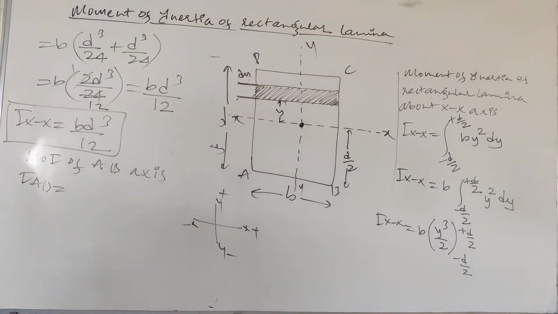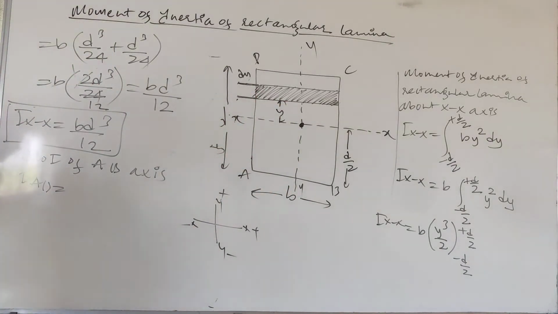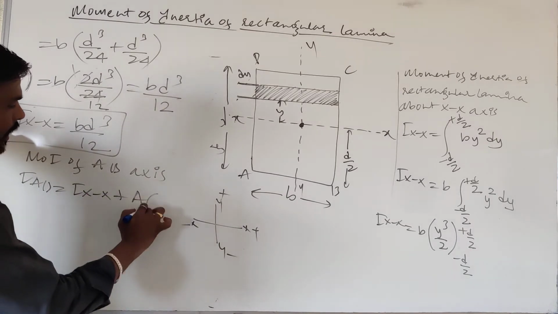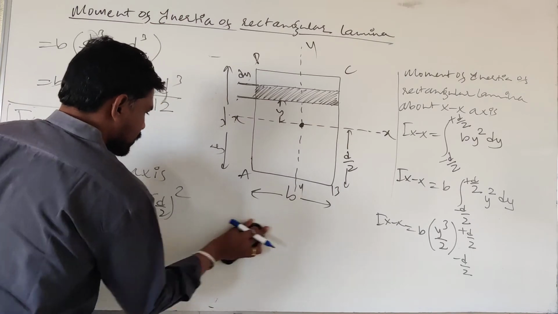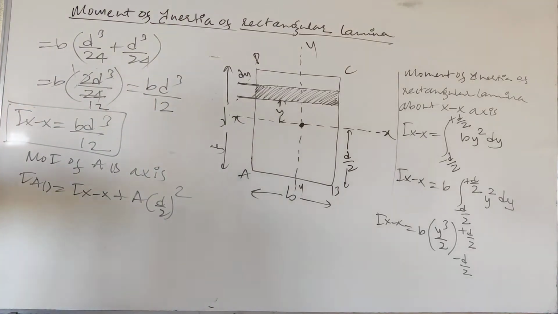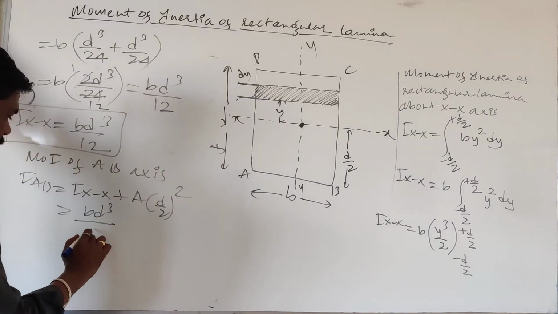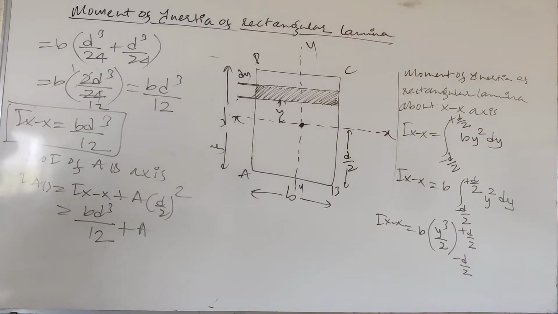Use the parallel axis theorem here, apply the parallel axis theorem from here to here, and see what happens: IXX plus a d by 2 whole square. So what is our IXX? It is b d cube divided by 12 plus a d by 2 square.